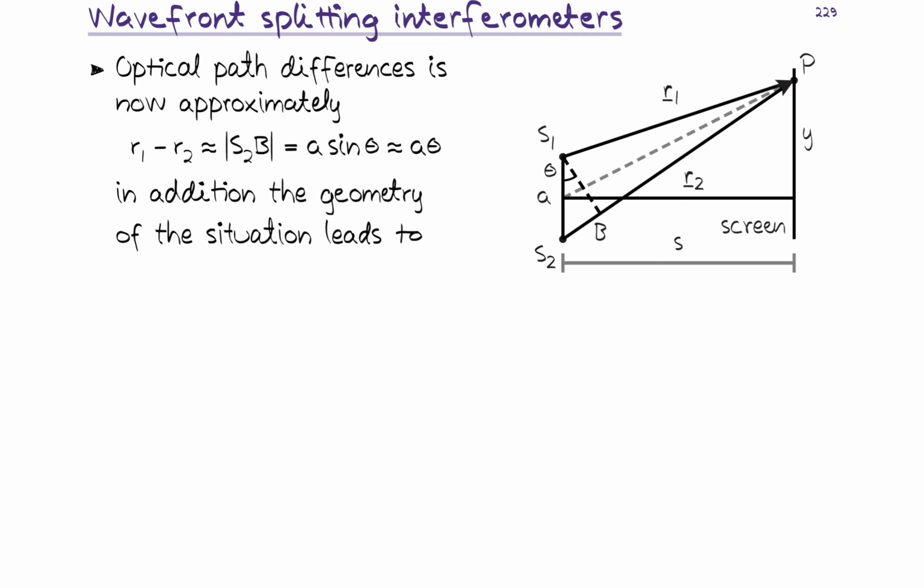And this, in addition to looking at the geometry, leads to a condition that theta is approximately Y over S. So we are looking at the configuration and equating the angle to this side, and we see that this is essentially Y over S. The tangent of theta, by definition, is Y over S, and the tangent of theta is defined by sine of theta divided by cosine of theta.